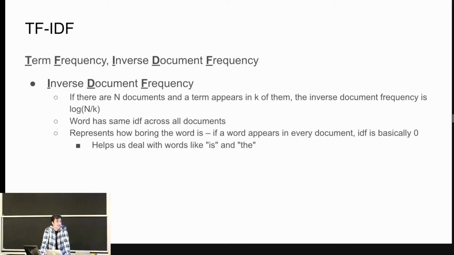What's really cool about this is it weights words that appear in a lot of documents a lot less. In the most egregious case, if you have a word that appears in every document, so n, we get log of n over n, which is log of 1, which is 0, and so we totally ignore that word, which gets rid of dummy or filler words.